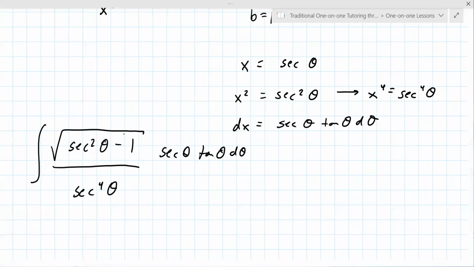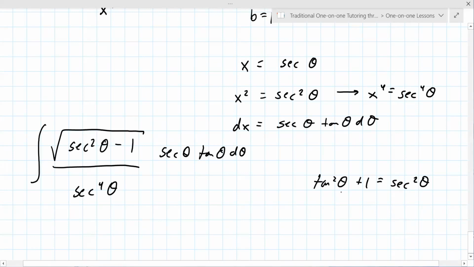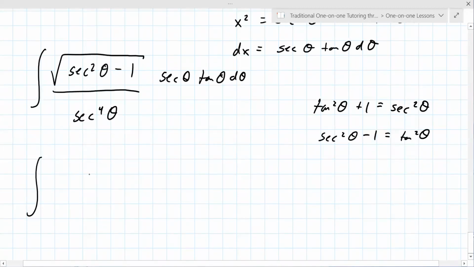Okay. So up here at the top, you have to know your 3 Pythagorean identities. I've already forgotten this one. It's tangent squared theta plus 1 equals secant squared theta. If you move the 1 over, you get secant squared theta minus 1 equals tangent squared theta, which means this whole thing becomes the root of tangent squared theta.